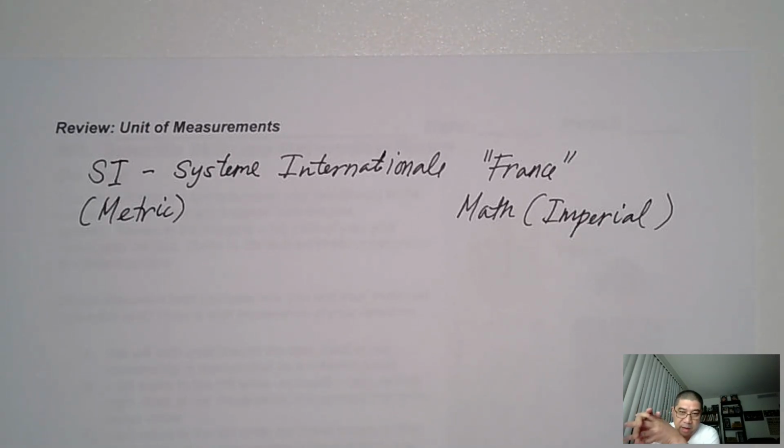If you're traveling by car and you are heading north, and suddenly the speed limit changes to let's say 100, it means that you are going 100 kilometers per hour instead of 60 miles per hour.